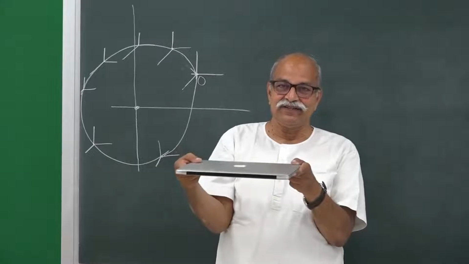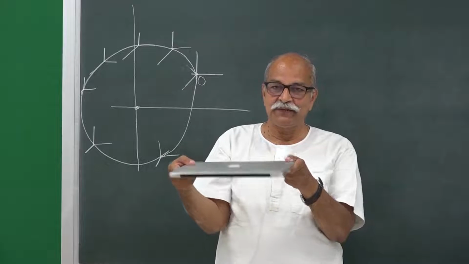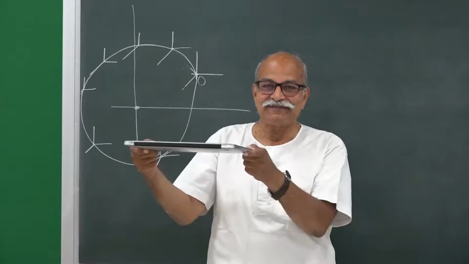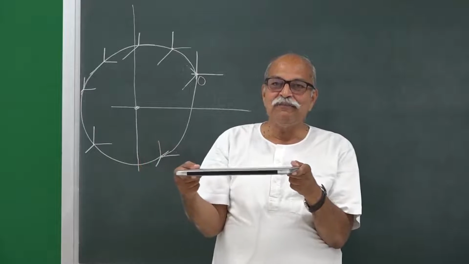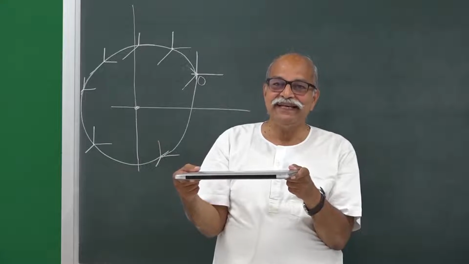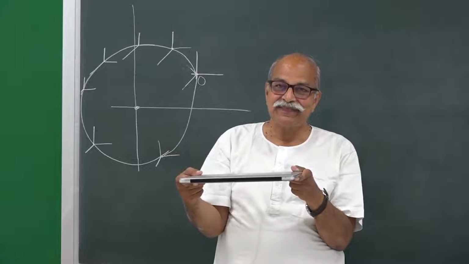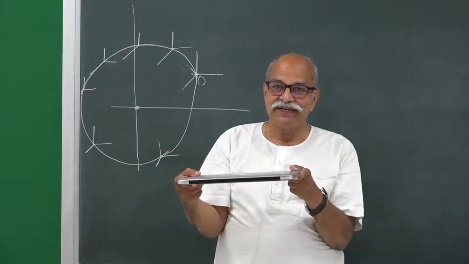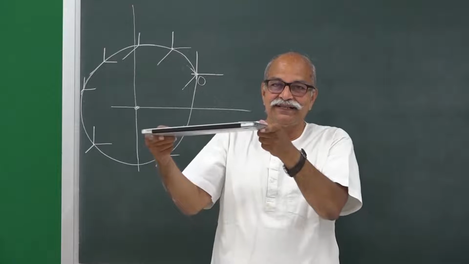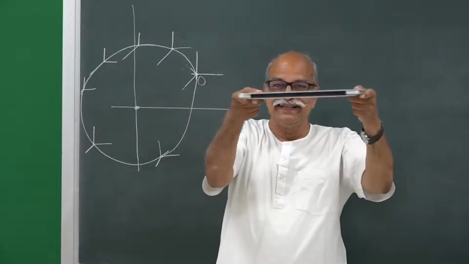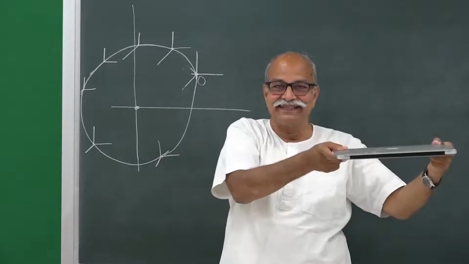At any instant, if I am taking it from here to here in this whole path, all the points are displaced by the same amount and in the same direction. Part by part, here yes, here yes, here yes.